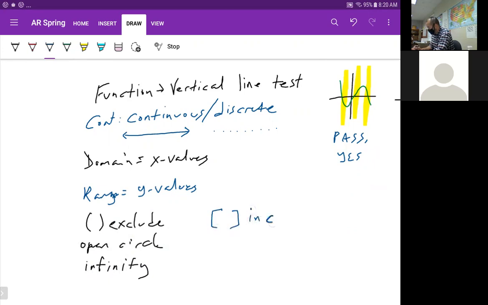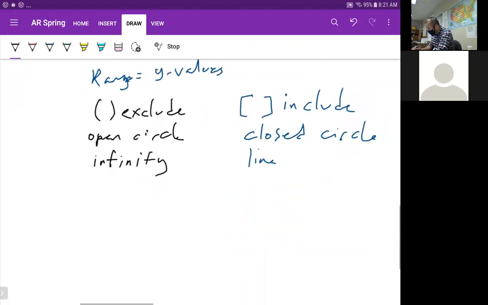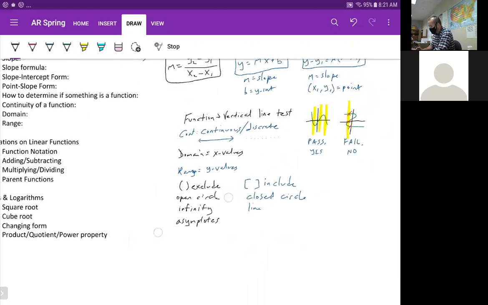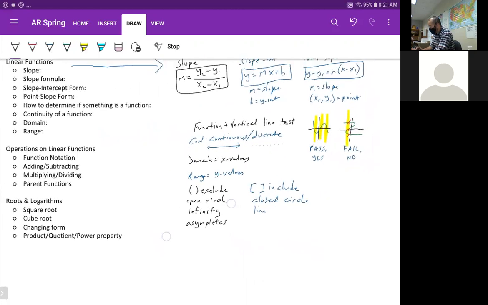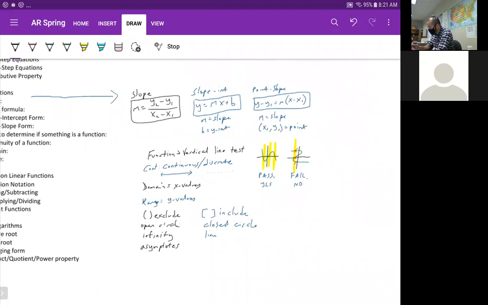And this is where you include it. Closed circle. Line. This also applies when you have asymptotes. We didn't talk much about that, but this is just for your reference. Yeah, so that's this next section.